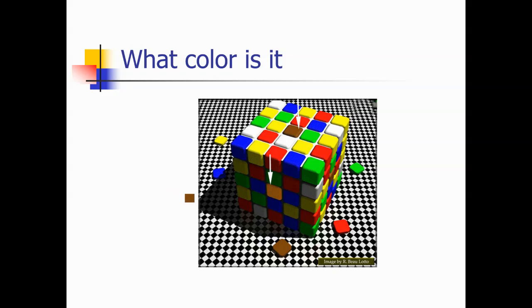The reality is that both of those squares are the exact same color. So why do we see them so differently? Why do we see one area that's brown look orange and another area that's brown look brown? It has to do with the context.